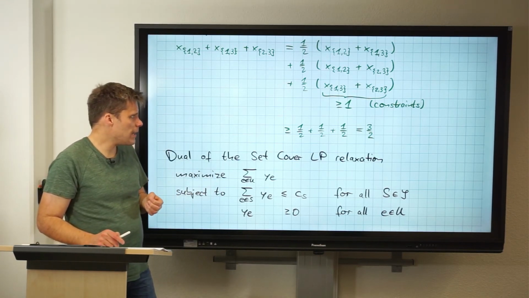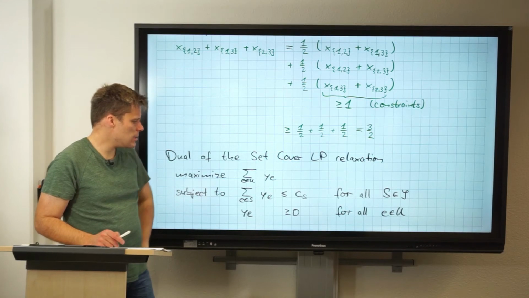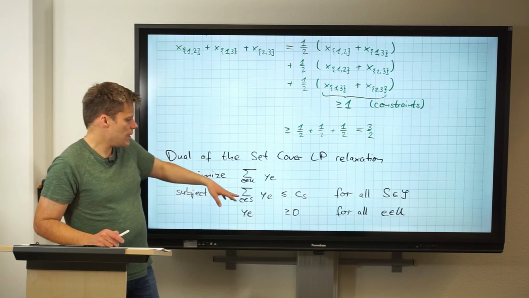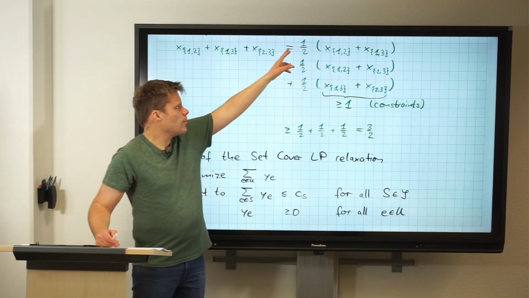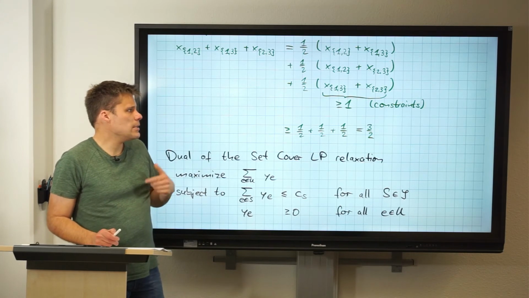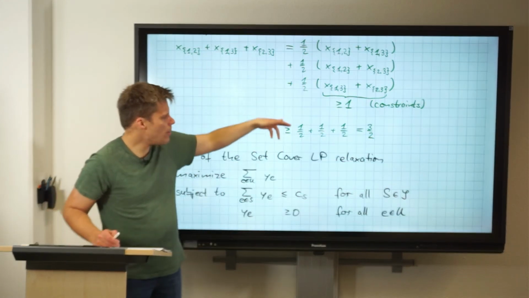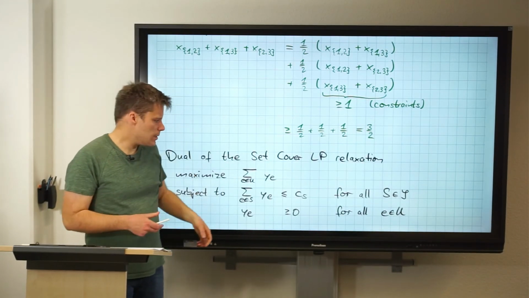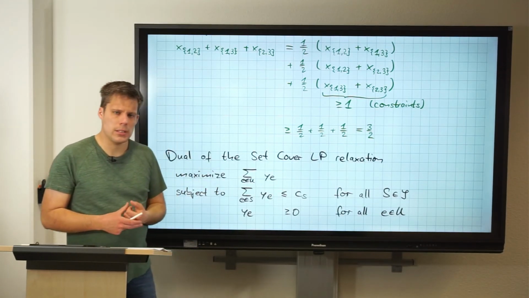And what we actually used here was that this only needs to be a lower bound in this case for this argument to go through. And this is why we have an inequality here.